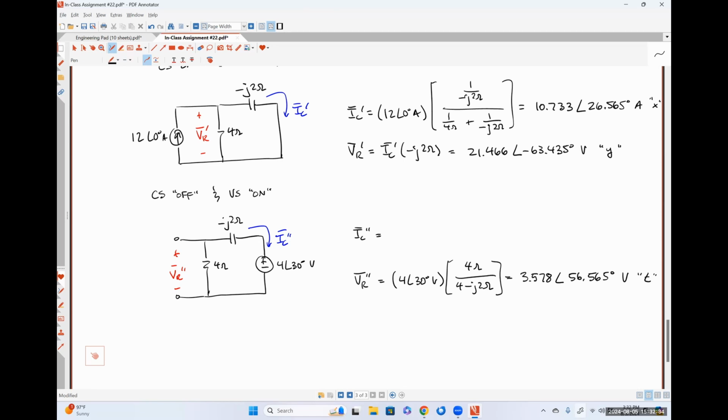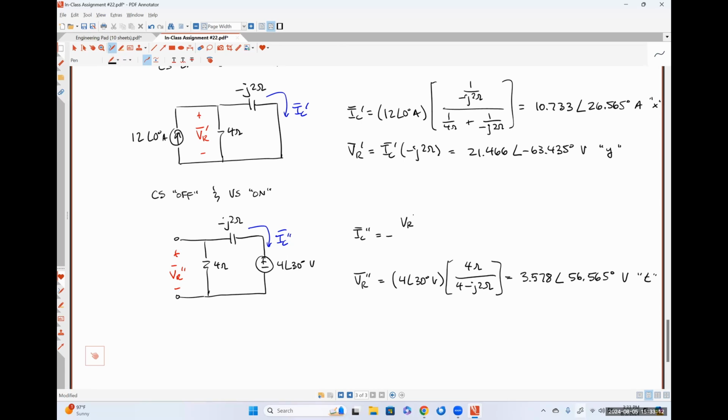Could you just do the VR double prime divided by 4 ohms? I need to make one modification. VR double prime divided by 4 ohms is going to give me the current flowing down, which is the current in the opposite direction of the one that we're looking for. So I will need to add a negative sign out front.